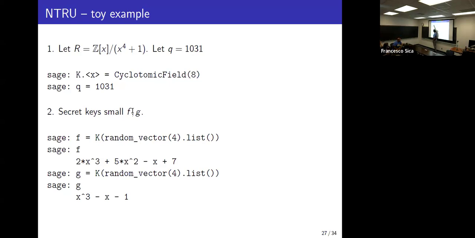However, if you take R equal to the ring of integers of that and then do modulo Q, even if Q is prime, you don't necessarily get a field. Usually, actually almost always, what you get is a product of n linear factors in the factorization, because people want to use NTT. So we don't get a field, we get a product. It depends on whether the prime splits or not. Yeah, we usually get a product of fields.